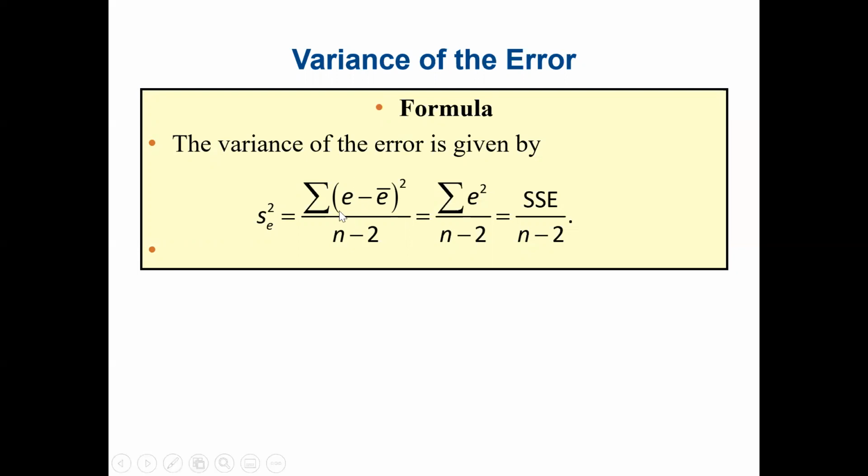So the sum of E minus E expected, or the mean, all squared, is the same as the sum square error, SSE. Which means the variance of the error will be SSE divided by n minus 2. Again, n is the sample size.